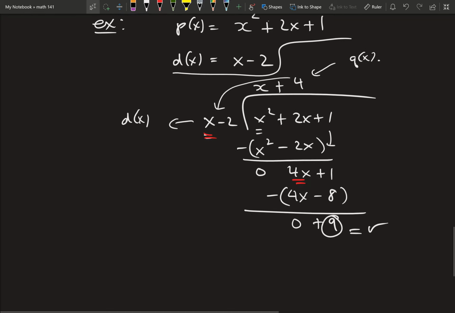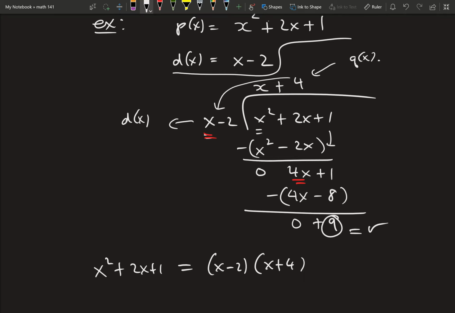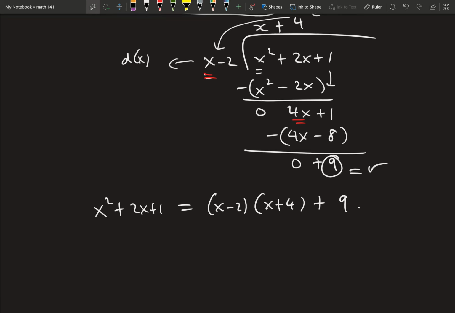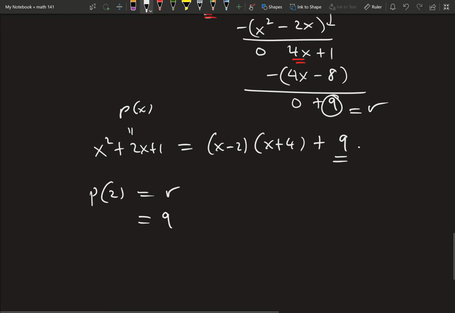So what we have then is x squared plus 2x plus 1 is equal to x minus 2 times x plus 4, plus 9. So this is my p of x. And the question then is, what is p of 2? Well, the theorem claims this equals r, which in this case is 9. And you can see it in two ways.